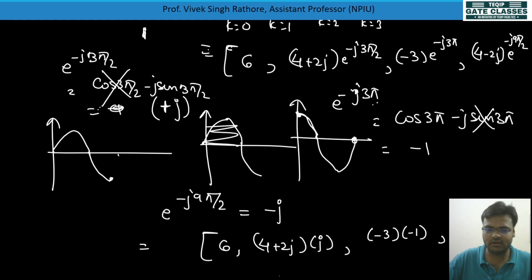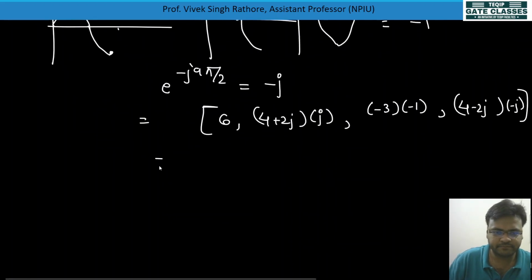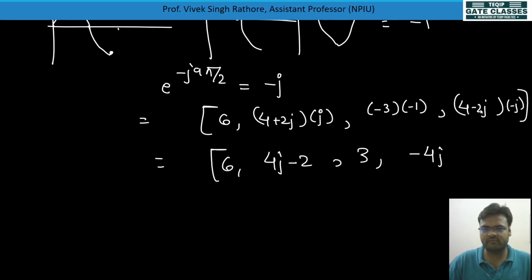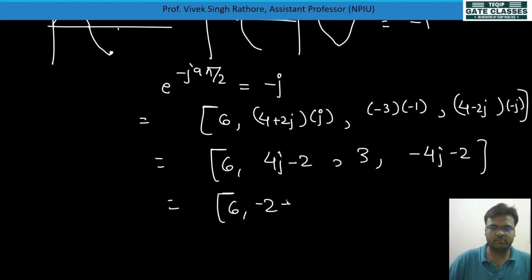So let's solve it. 6 is there, 4j plus minus 2, so 4j minus 2, and here the value is 3 only. Here minus 4j is there, and minus j squared is plus, so it will come minus 2. So ultimately, the correct answer is minus 2 plus 4j, and 3, and minus 2 minus 4j. So this is the answer.